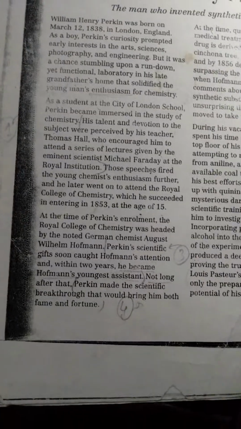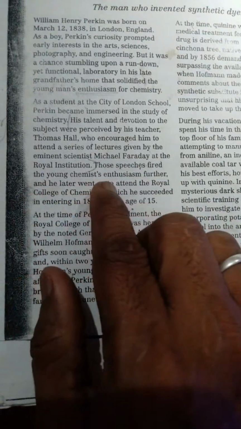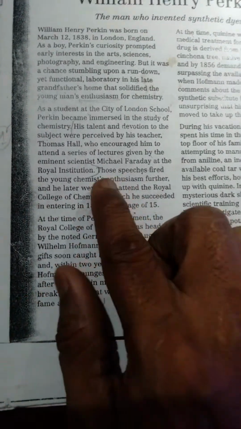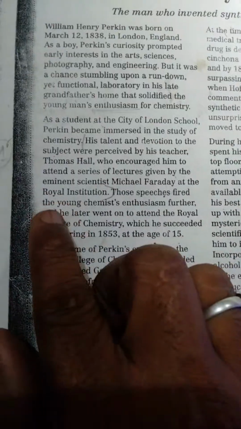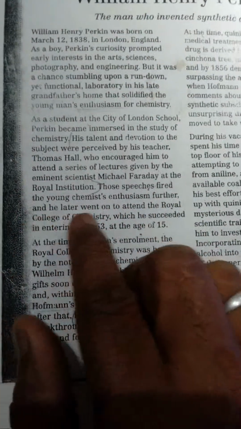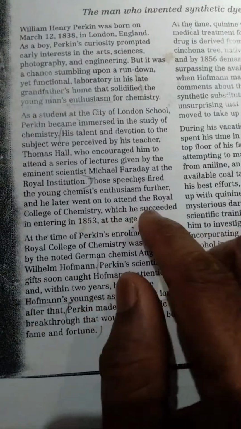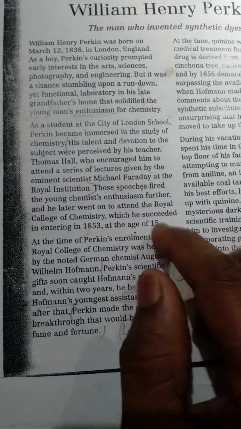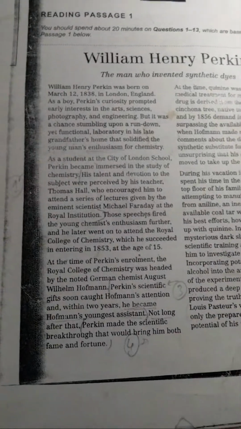See, it is mentioned Royal College of Chemistry, but what is mentioned is that the speeches fired the young chemistry enthusiast further, and he later went to attend the Royal College of Chemistry, which he succeeded in entering in 1853 at the age of 15.